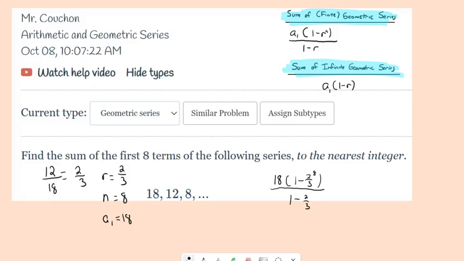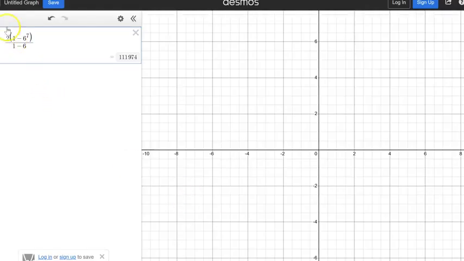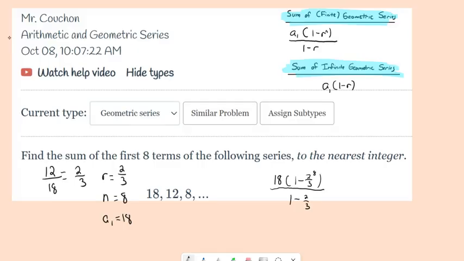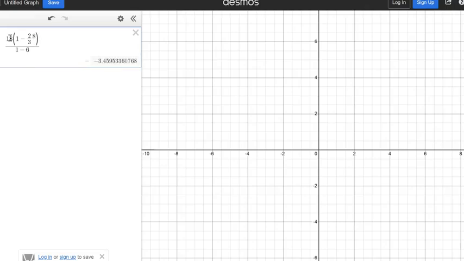Again, this really seems like a Desmos problem. So I'll double check. Okay, 18. So we got 18 here. This was now 2/3, to the power of 8, all over 1 minus 2/3.